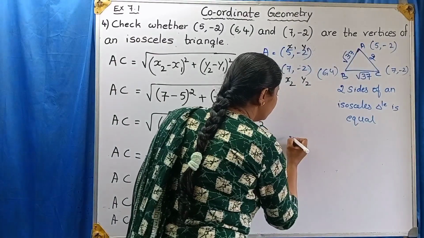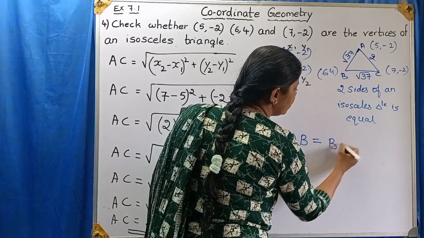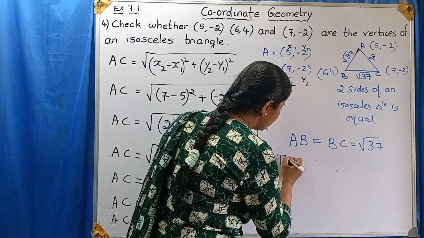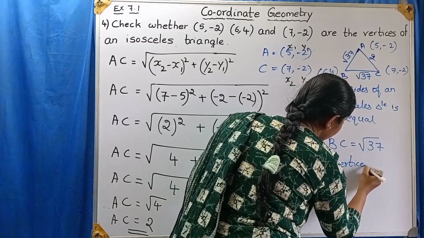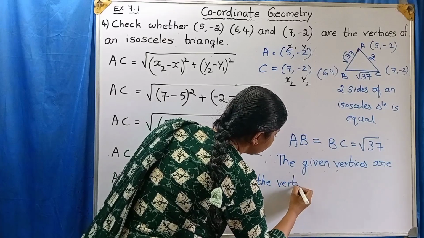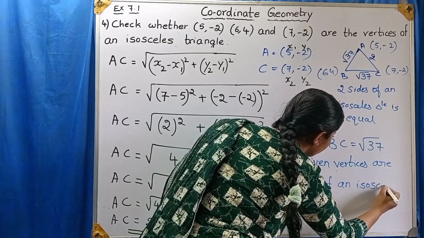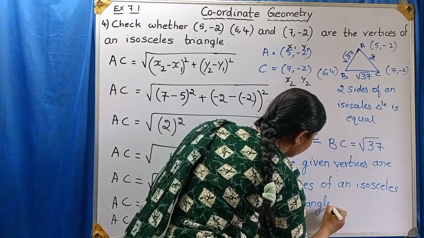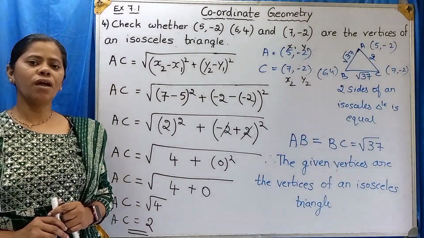Here, AB is equal to BC is equal to root 37. Hope you have understood. Thank you.